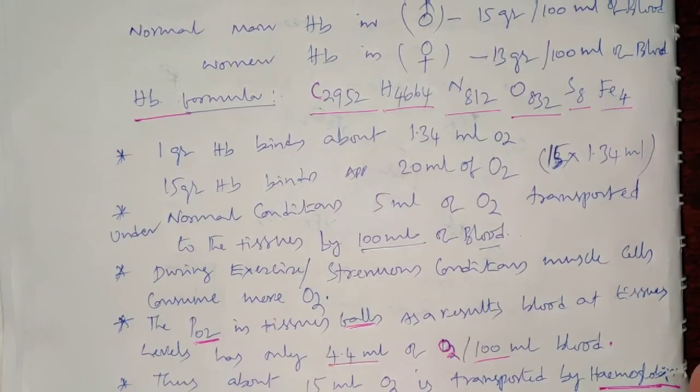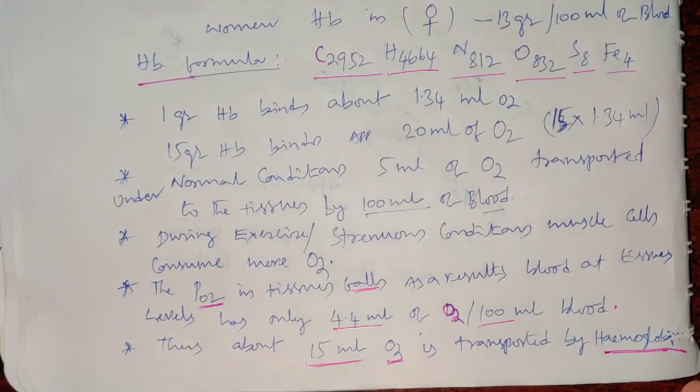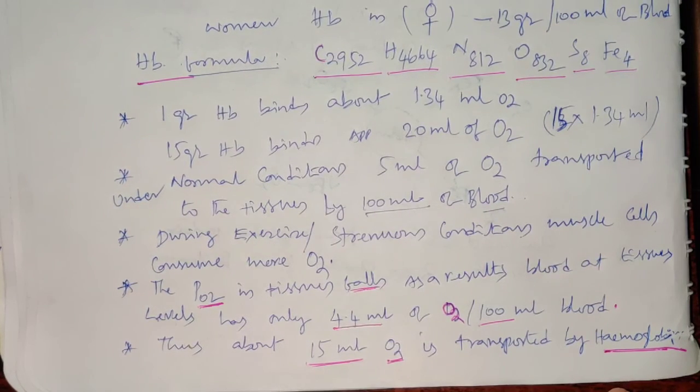So, oxygen is transported in two forms: number one as dissolved gas, another one as oxyhemoglobin. In dissolved state, 3% of oxygen is transported to tissues, and 97% of oxygen is transported through hemoglobin, with the help of RBCs.